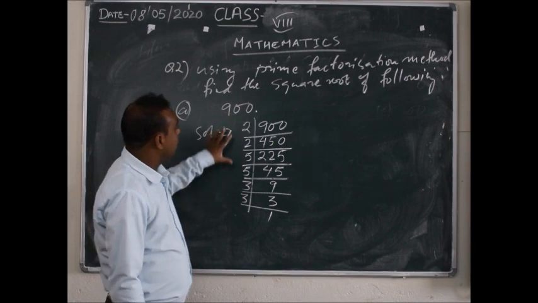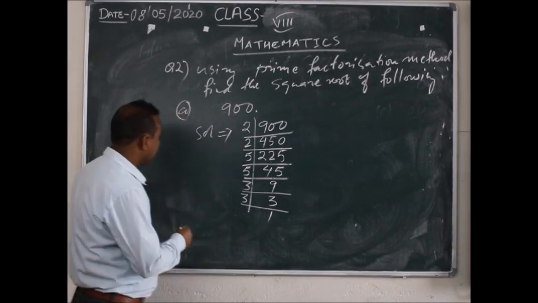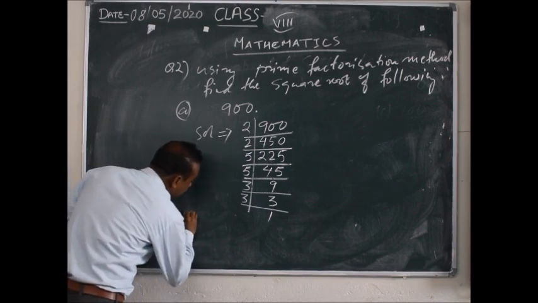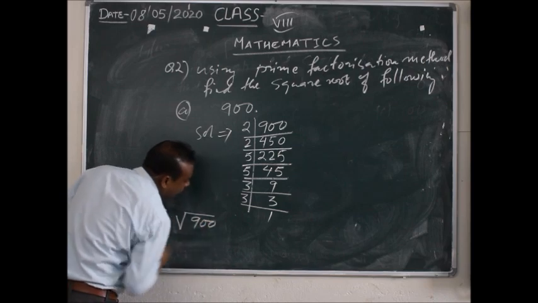Now we will see again the square root. What is the square root of 900? Again this is very simple. You have to write here the square root of 900.